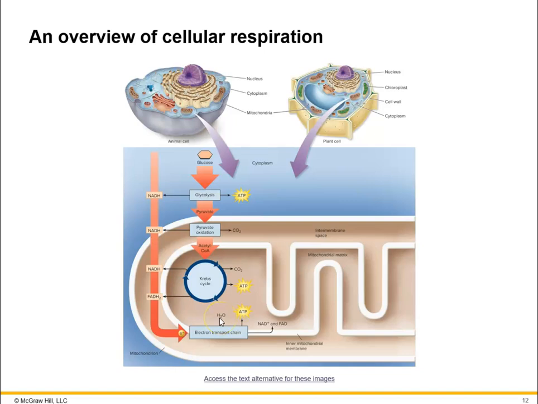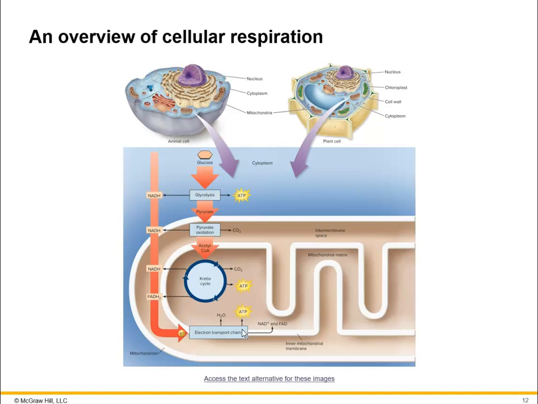I did want to go ahead and mention, though, we said in the beginning, we're producing about 2 ATP here, 2 ATP here, and about 32 ATP in the last step. But I wanted to point out that is not a concrete number. It can vary based on the organism, based on the time of day, based on how much of different products are in that cellular system at that exact time.